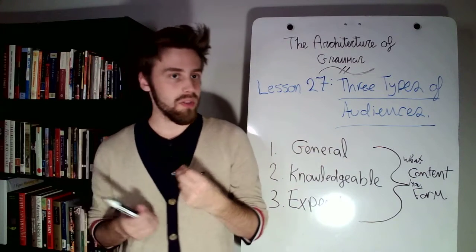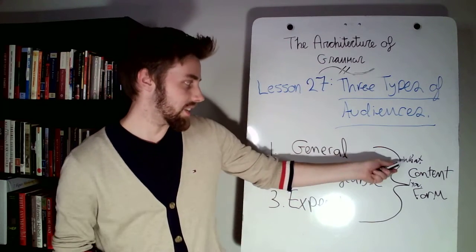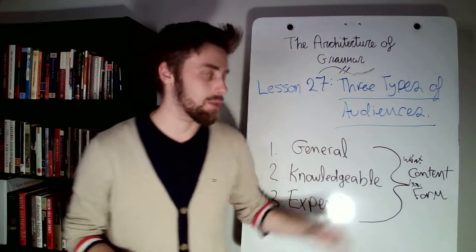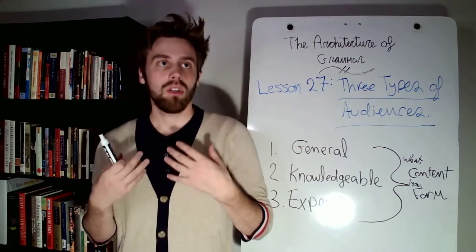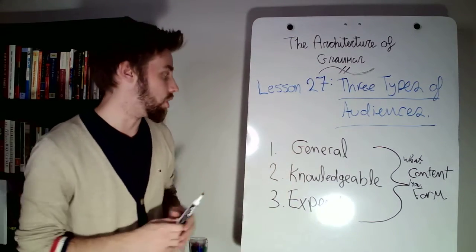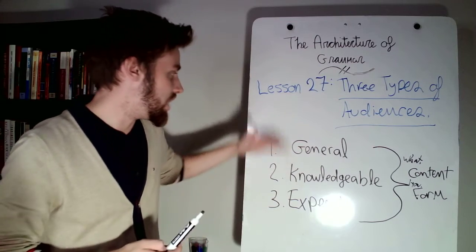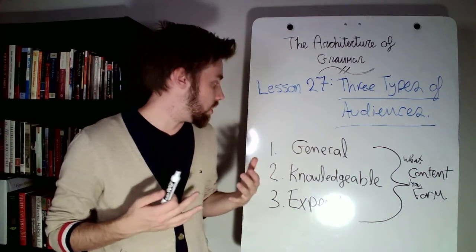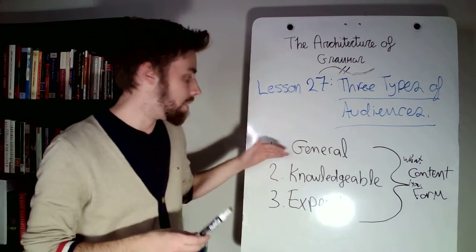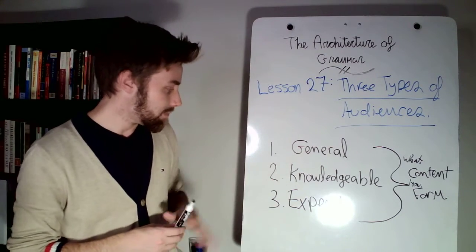But if we want to think about what information, which is the content, and how we present the information, which is the form, then we need to know what type of people they are. Do they have a general knowledge, or are they knowledgeable about the topic, or are they expert at the topic?